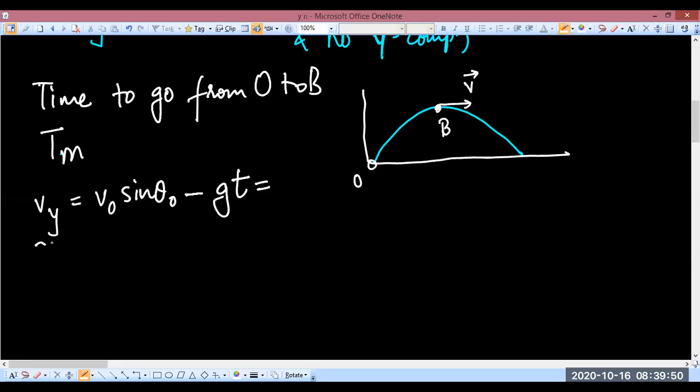We can say Vy is 0 at which point? At the point B, right? Basically, this is the first equation of kinematics. I hope everyone realizes that.